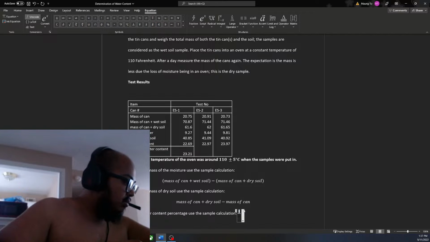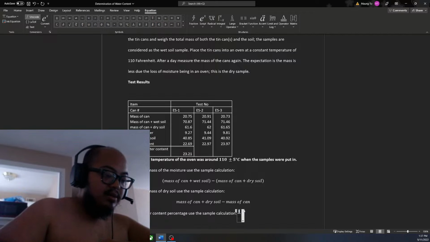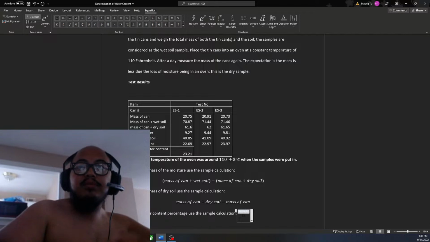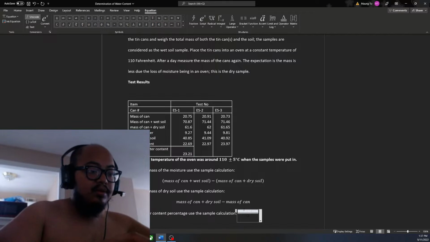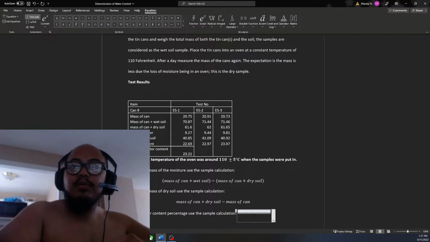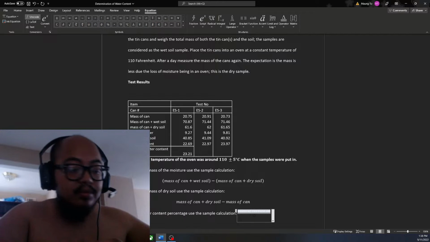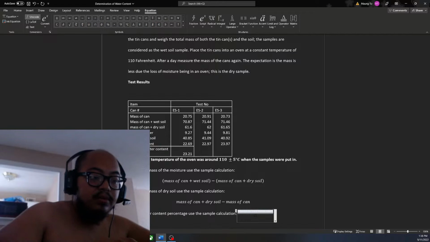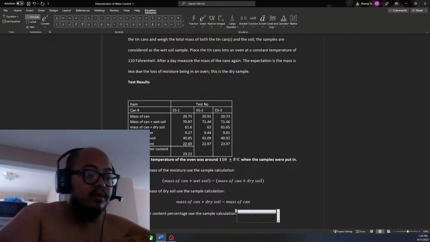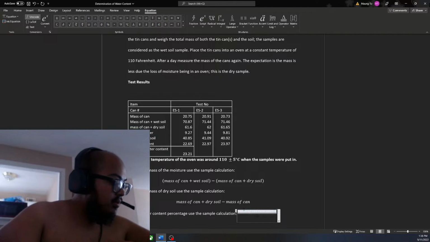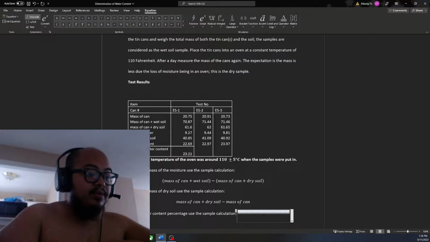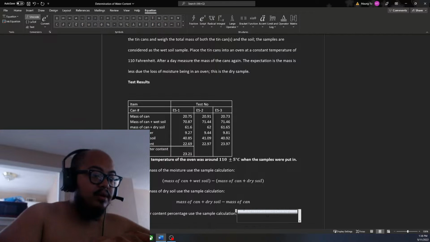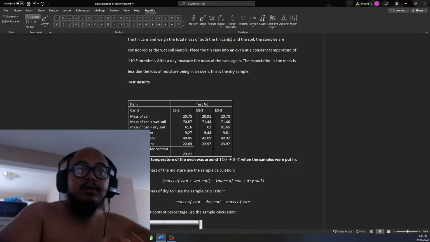This one is M2, so the mass of can plus wet soil, minus the mass of can plus dry soil.